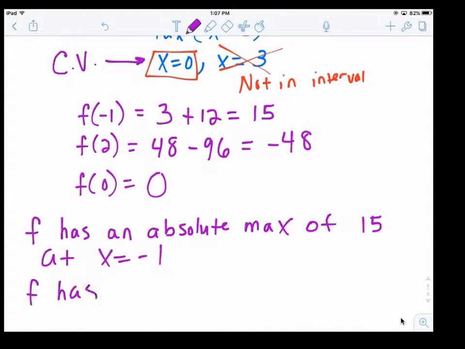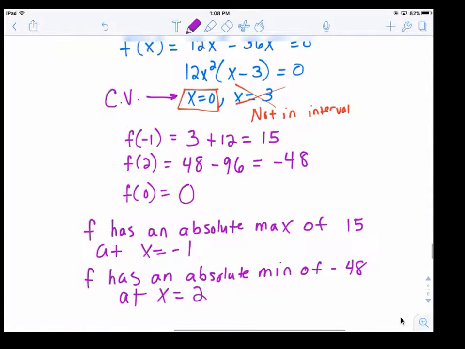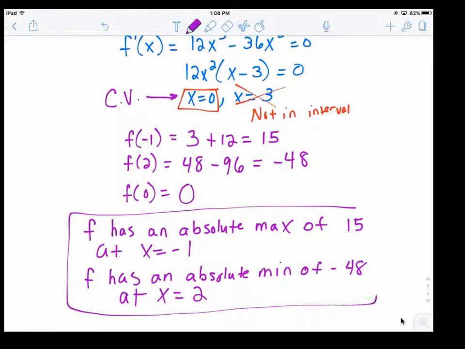And then f has an absolute min of -48 at x equals 2. Right now we're just concerned with finding the absolute max and the absolute min. That comes later. That's like 4-3. We'll talk about that.